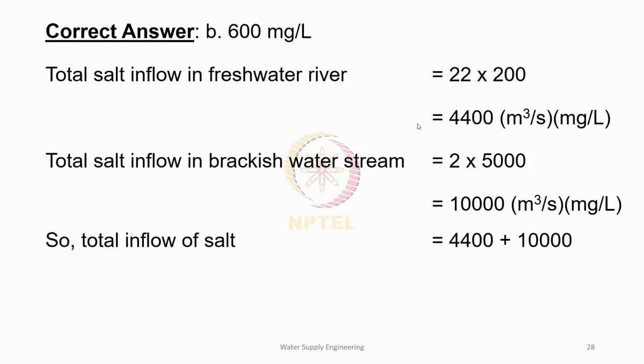So the total inflow of salt, that is, both the freshwater stream and brackish water stream have now joined, will be 10,000 plus 4,400, which comes to 14,400 meter cube per second milligram per liter. That is the total inflow of salt.